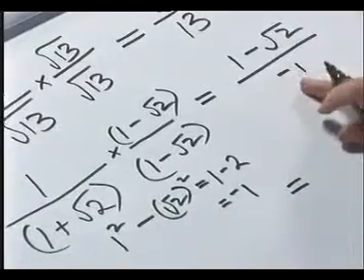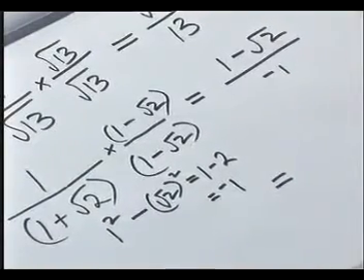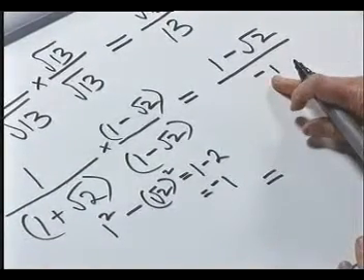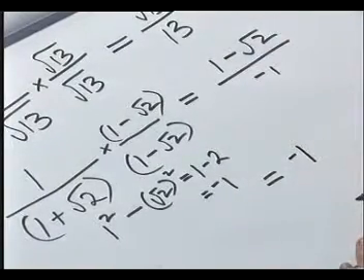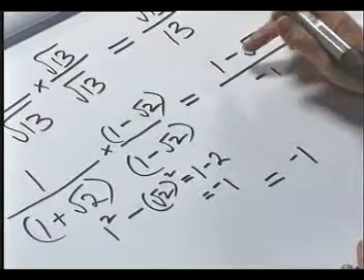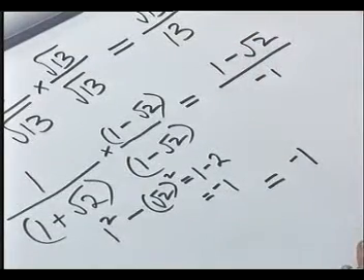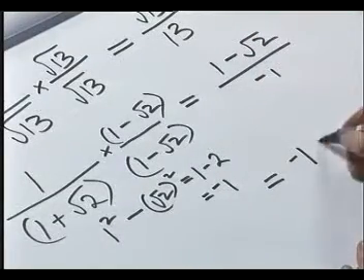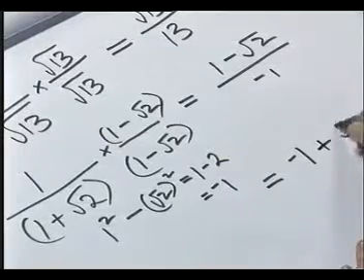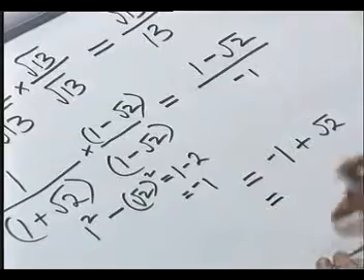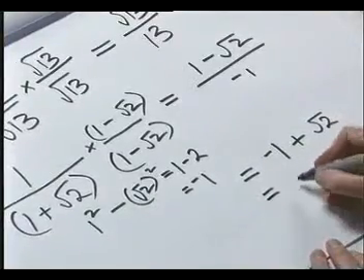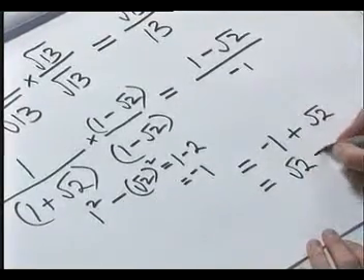We divide through by the negative 1, we get negative 1 into 1, which is negative 1. Then negative 1 into the negative root 2 will give us plus root 2. And we'll just rewrite it so that we've got the positive number first. Root 2 subtract 1.